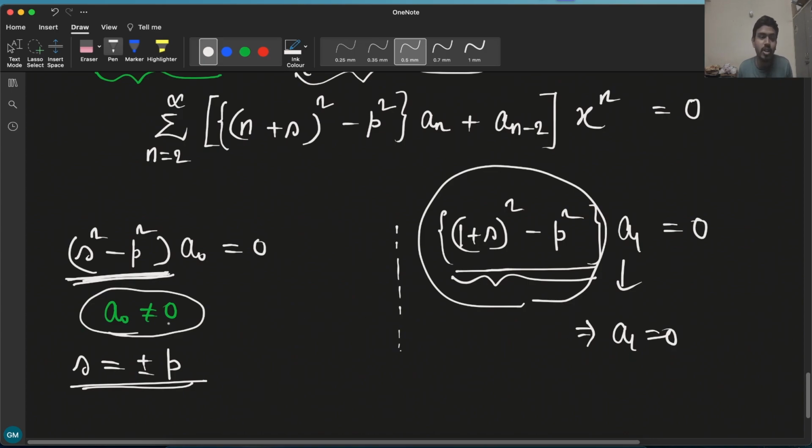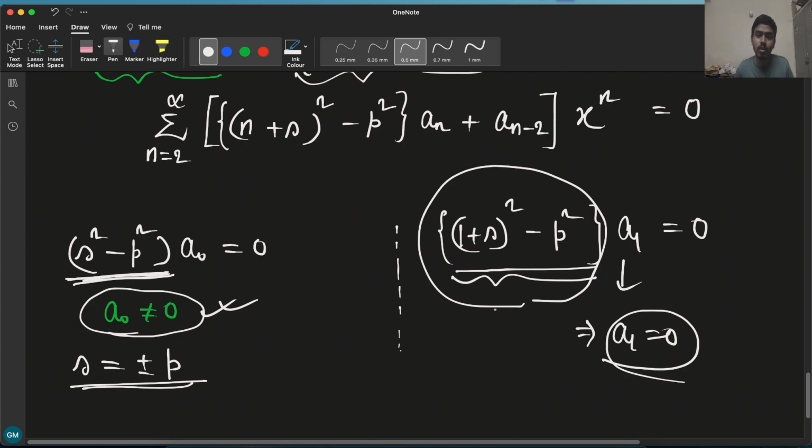So if I am assuming that a0 not equals to 0, then a1 should be 0. That's the choice we have. Instead of starting from the assumption that a0 not is equal to 0, I can also start from a1 not is equal to 0.